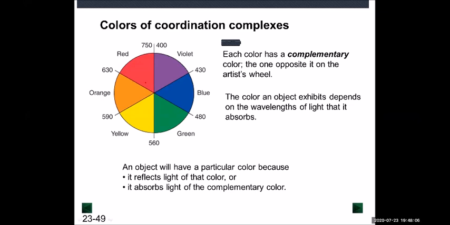If a molecule or object absorbs red color, for example, then this object would look like all the other colors combined together, which would be the green color. So if a substance absorbs one color, then the apparent color of this object should be the complementary color.